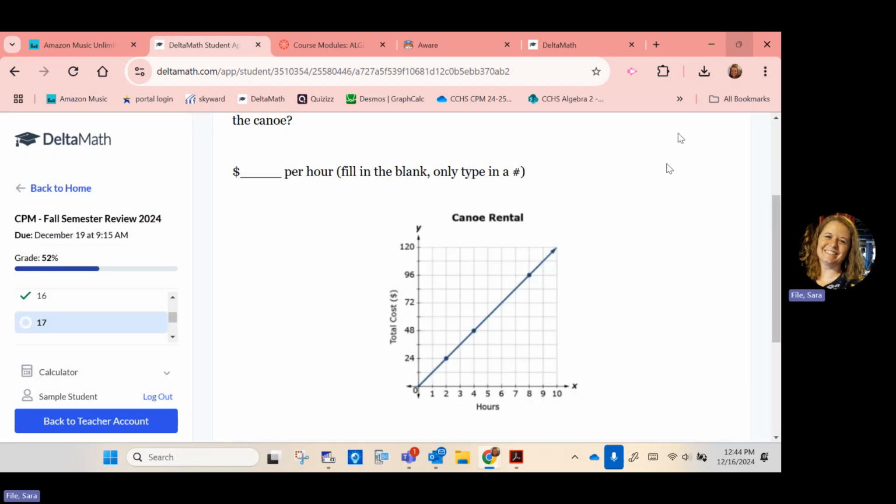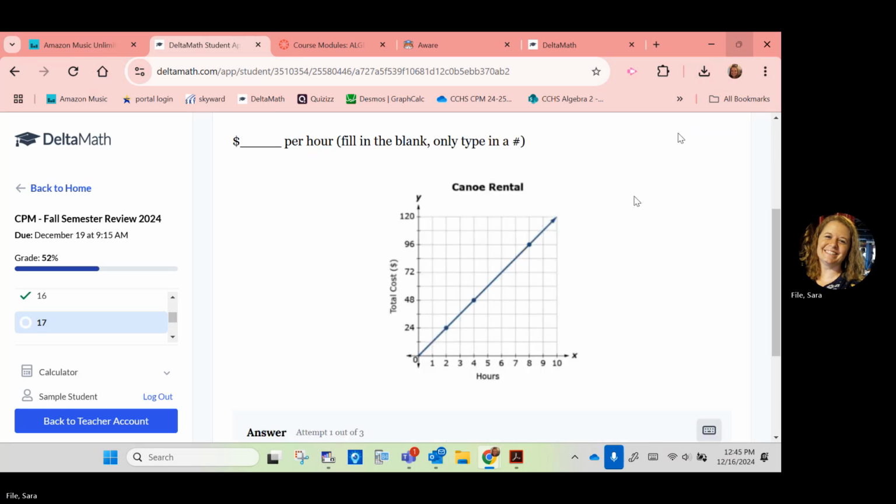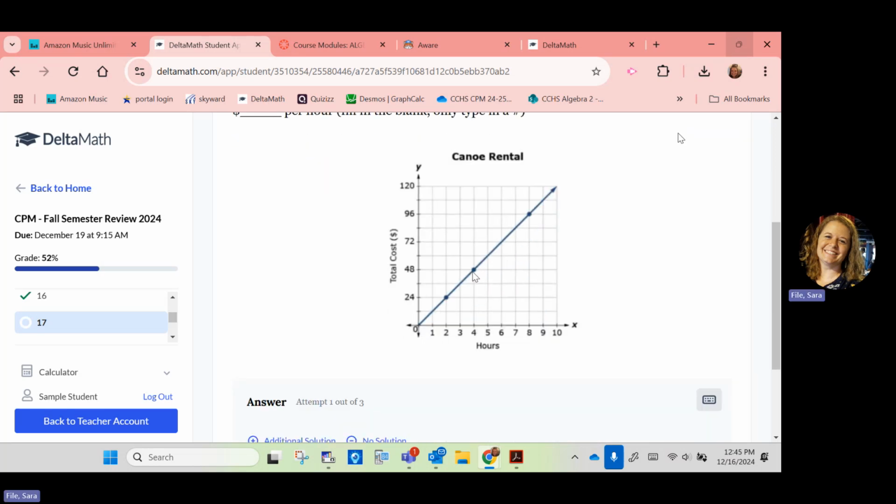On 17, it says that the graph shows the cost of a canoe rental per hour. What is the cost per hour to rent the canoe? So we just have to interpret the graph. It's 0, 0. So if it's rented for 0 hours, it costs $0. Here, 2, 24.